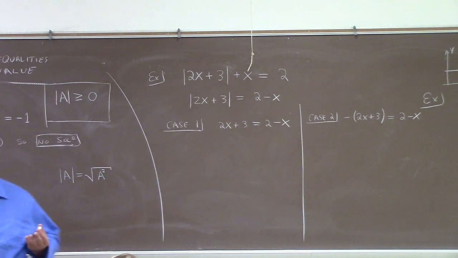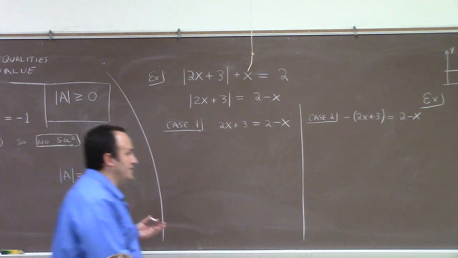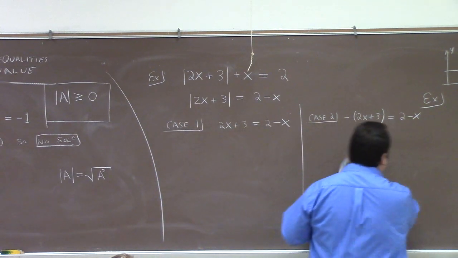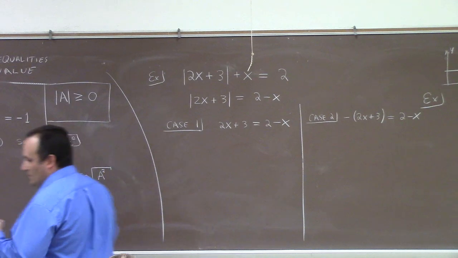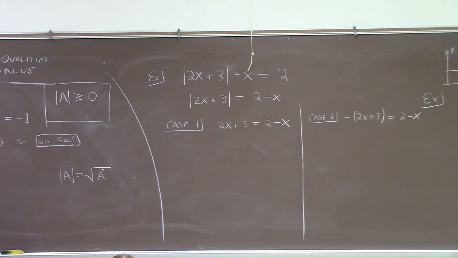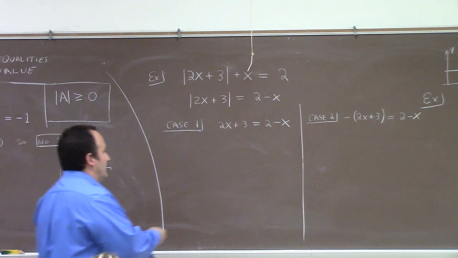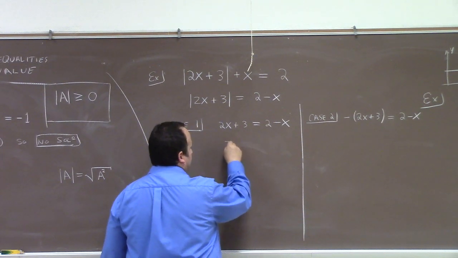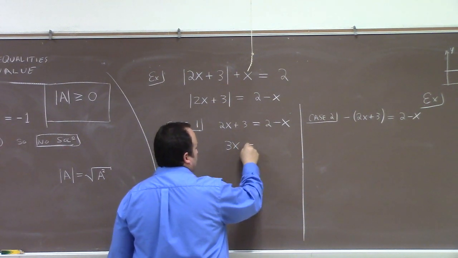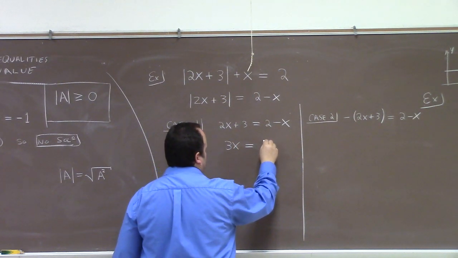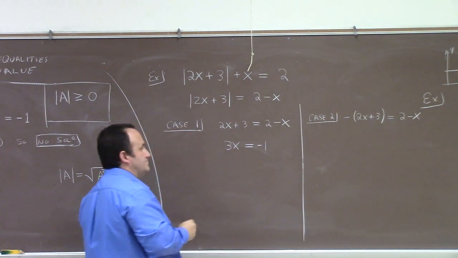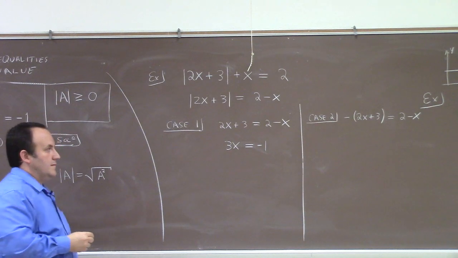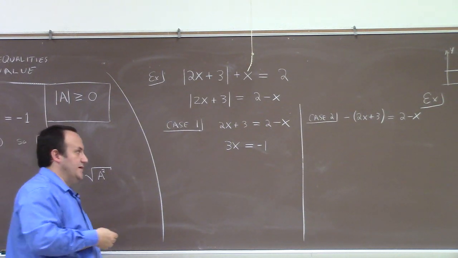And now we're back to day 1. We can solve these linear equations in one variable. Bring all the x's to one side, bring all the constants to the other. This gives me 3x equals 2 minus 3, which is minus 1. I'm going to make another step on the other side.